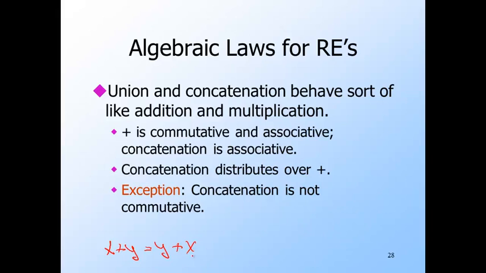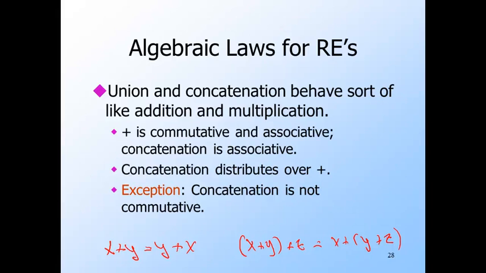The associative law says that you can group the operator in any order, or formally x plus y grouped plus z equals x plus the grouping of y plus z. That is, you can apply plus to the first two arguments first or apply it to the last two arguments first. It doesn't matter. The result is the same.